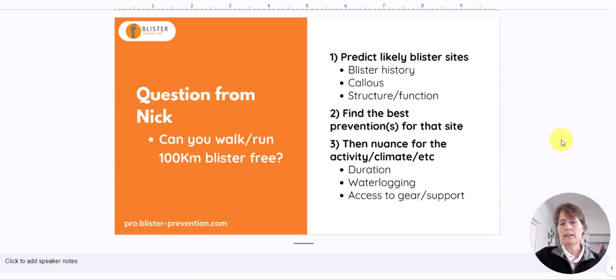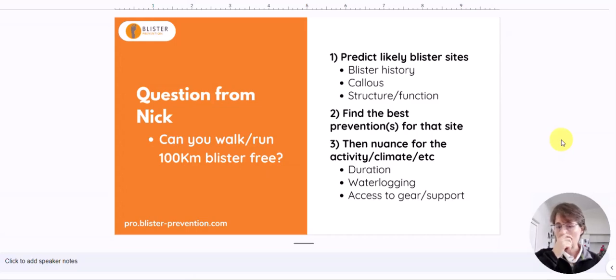Once you've identified the most likely blisters that are going to happen, you need to find the best preventions for that site and then have them in place before you even start. It's a mistake, with blisters that we expect, to just hope that they won't happen and say, oh, I can just nip it in the bud at the hotspot stage.